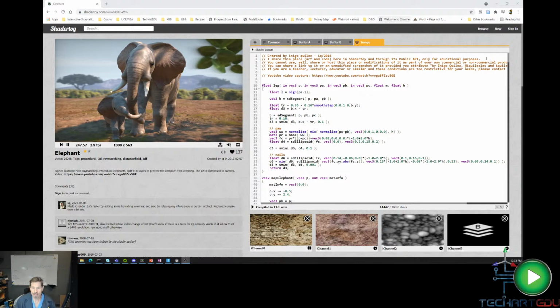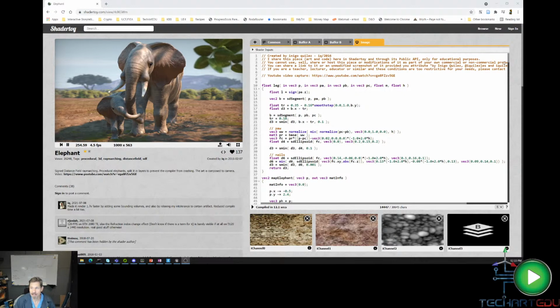And so we have a very complicated signed distance function here for these elephants that Inigo created.